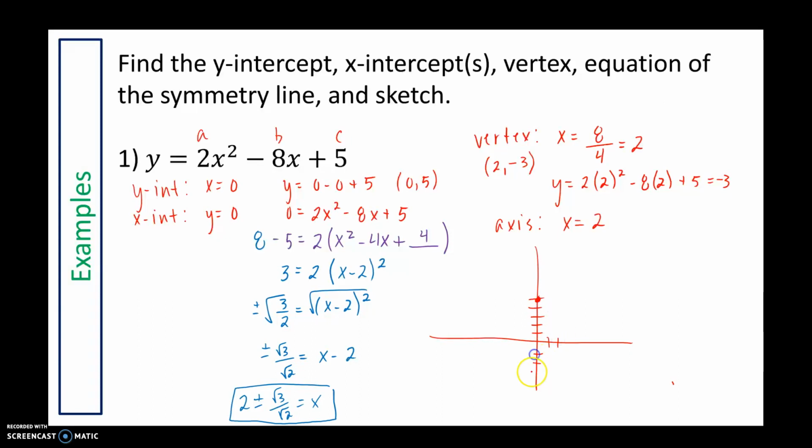My vertex at 2, negative 3. Now we can't plot the x-intercepts properly, but what I can do, I can use my axis of symmetry here, and I know 2 units to the right of the vertex, I have to be up at 5 again. That's the benefit of having that axis of symmetry.